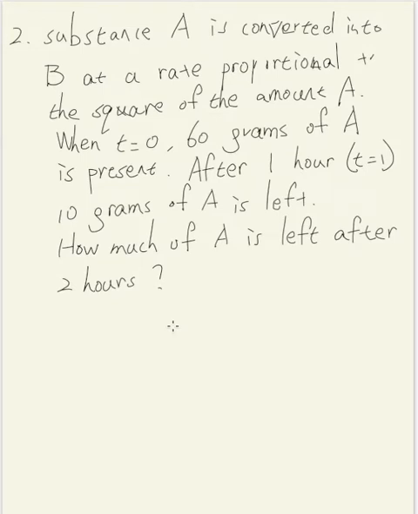All right, here let's just use the letter A to represent the amount of A left. And obviously we have two initial conditions, or two values to use. The first one is A of 0 equals 60, and then A of 1 equals 10. And we use the first condition to derive a differential equation.